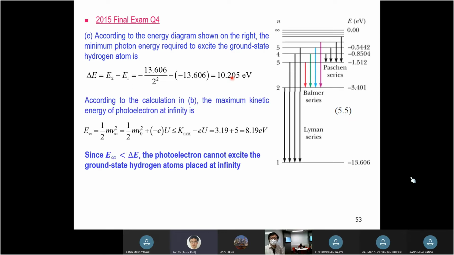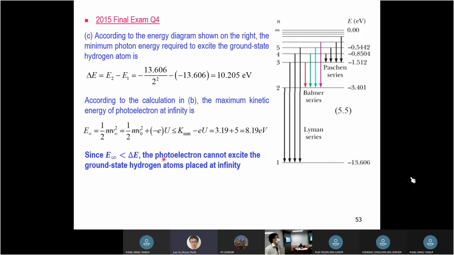Then the electron at infinity has only 8.19 eV. This is smaller than the minimum energy required, so it cannot excite the hydrogen atom. This is what we have to comment here. You first get this one worth 3 marks, and commenting that it cannot excite is worth another 2 marks.